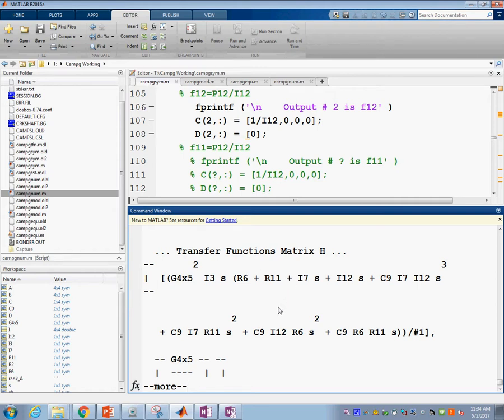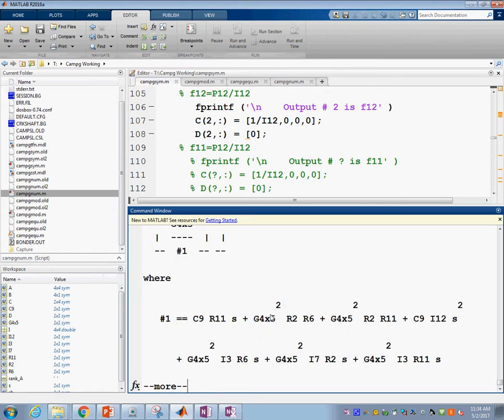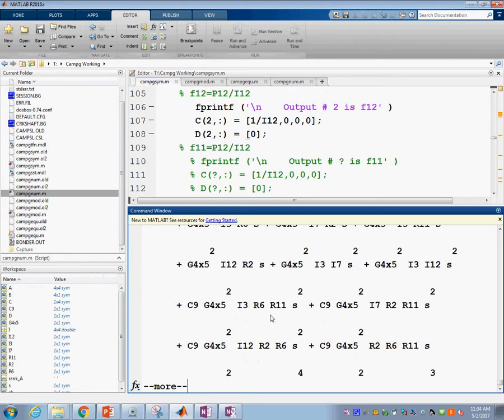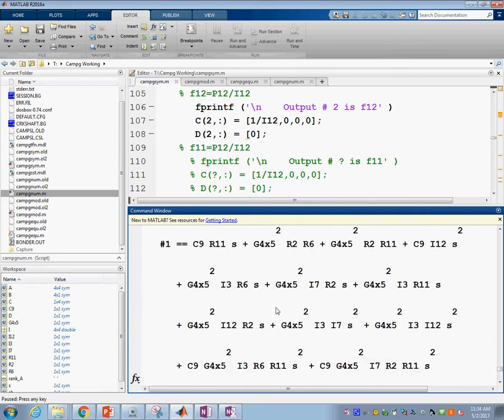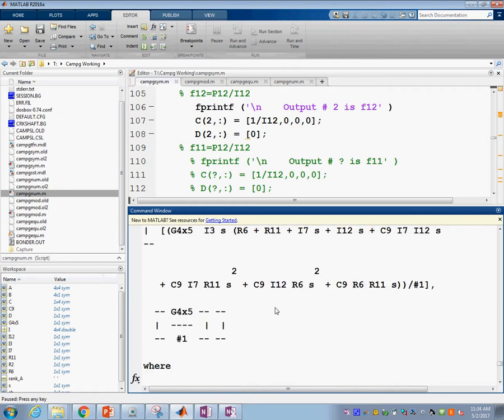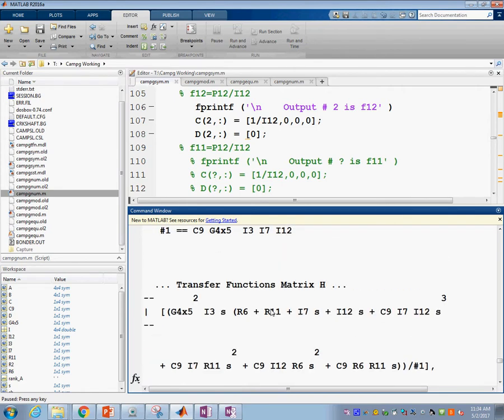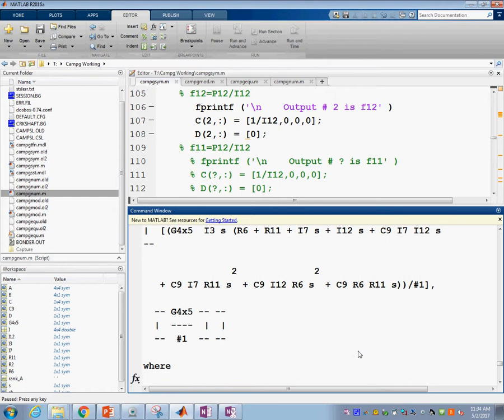So the transfer function for both of these outputs, you see the transfer function is this numerator, and then you have it.